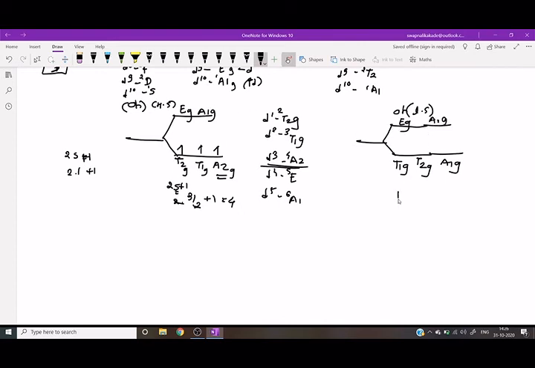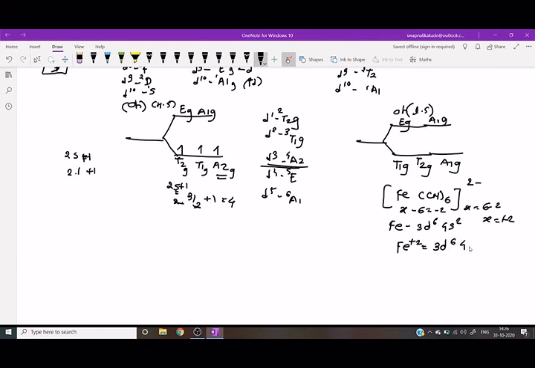Let us see the low spin complex [Fe(CN)6]2-. The electronic configuration of Fe is 3d6 4s2. Here the charge is: Fe is x, minus 6 minus 2, so x is equal to 6 minus 2, x is equal to plus 2.